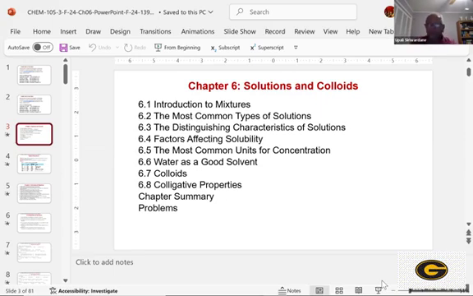Colloids are also homogeneous mixtures, but the particle size of the substances that dissolve in liquids is larger. For example, milk is a homogeneous mixture.